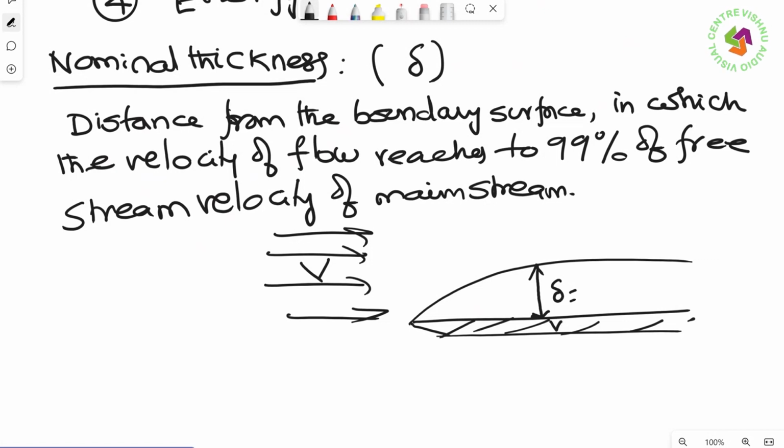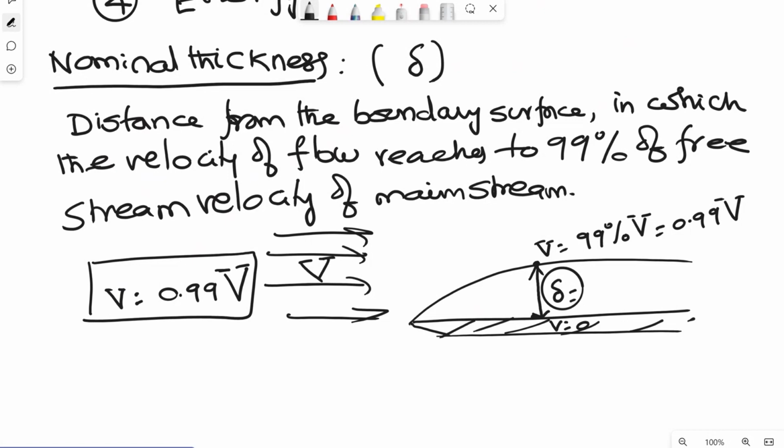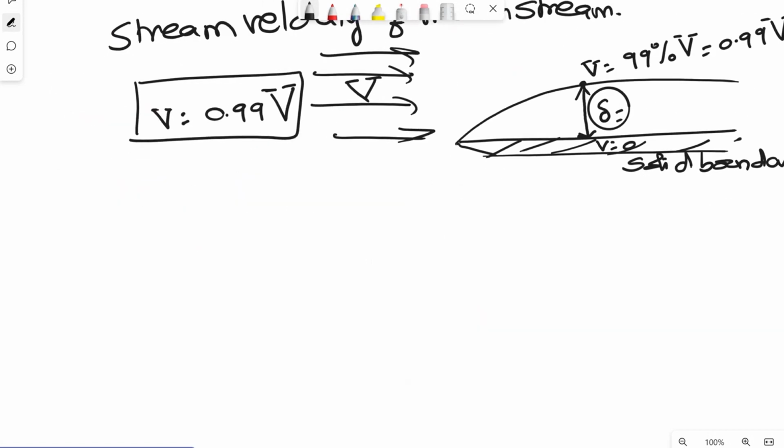Here the velocity is 0, whereas here the velocity is equal to 99% of capital V, that is 0.99 capital V. Then this is called the nominal thickness. Free stream is nothing but the velocity with which the flow is approaching the solid boundary. That is what we call it.